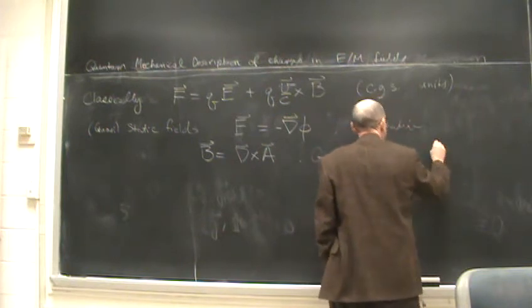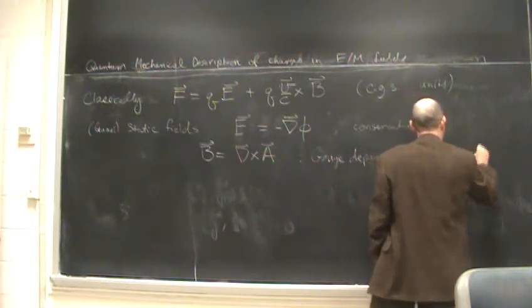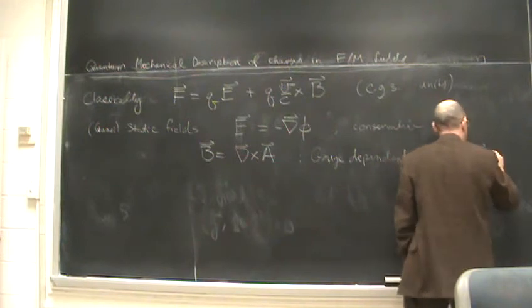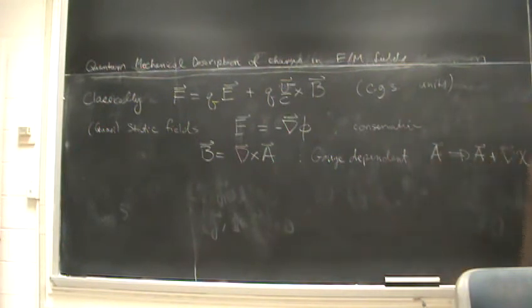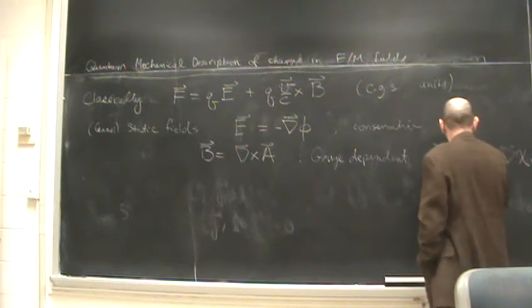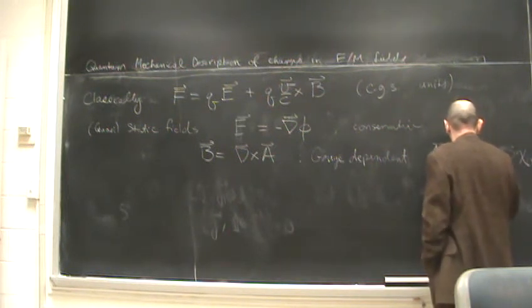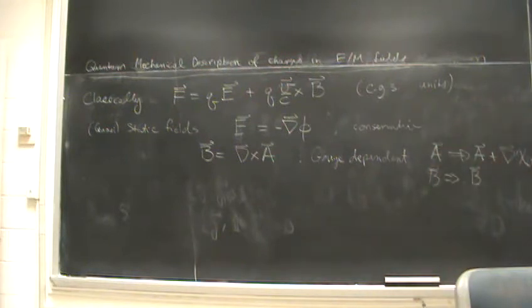That is to say, if we transform the vector potential by adding to it another vector field, which is itself irrotational, meaning that it arises from the gradient of a scalar, which is called chi, then B is unchanged because the curl of a gradient is 0, right?